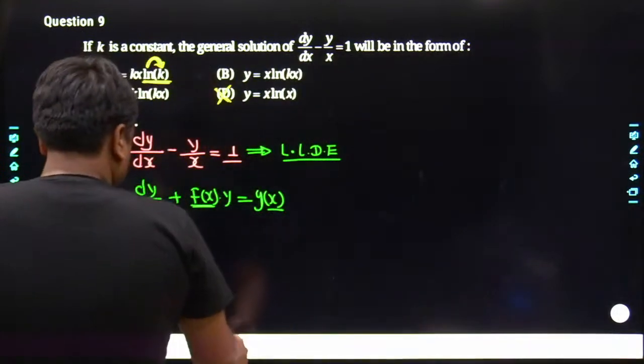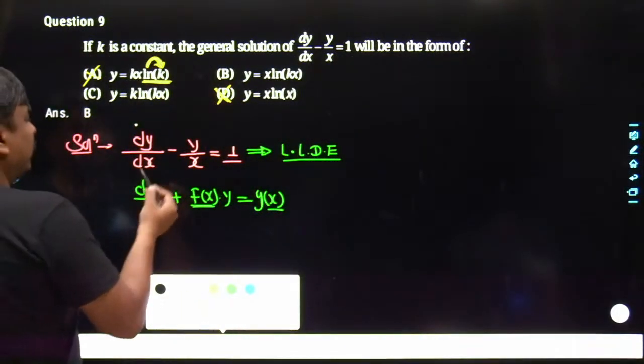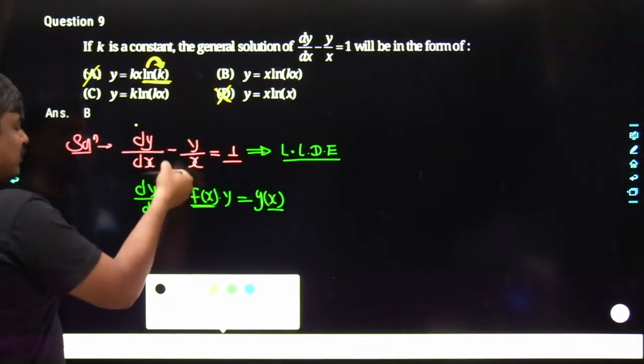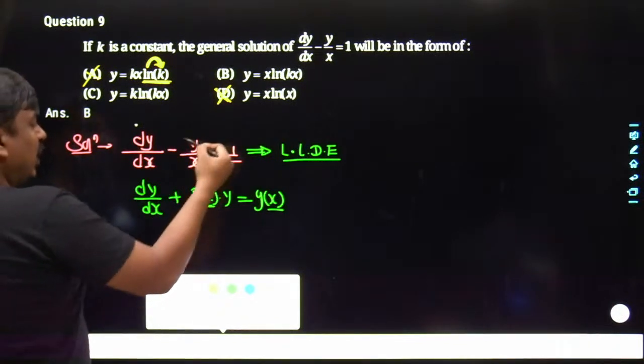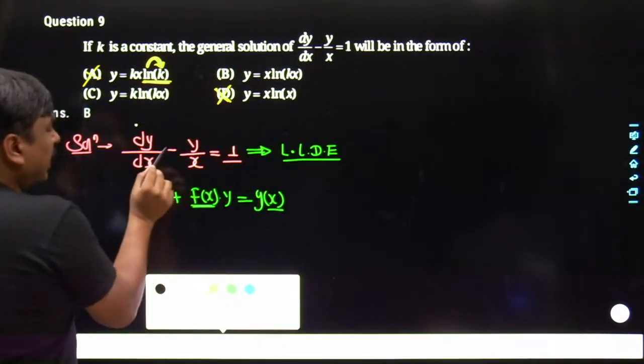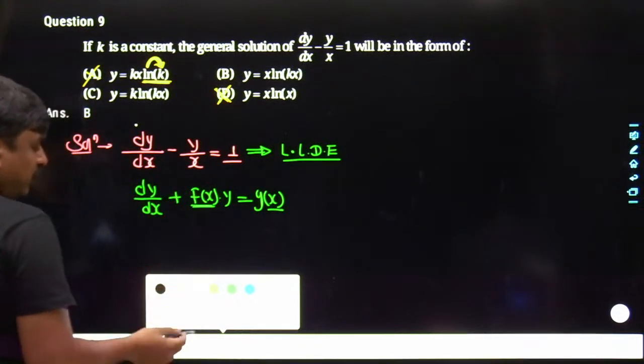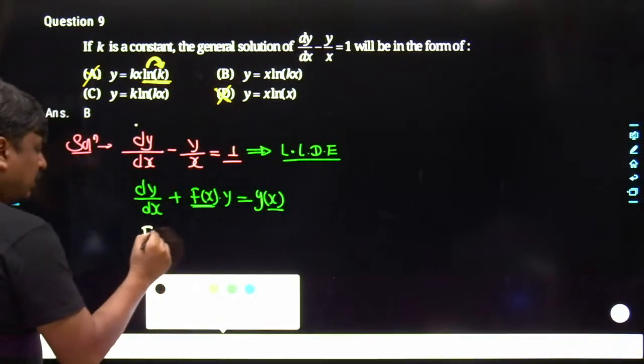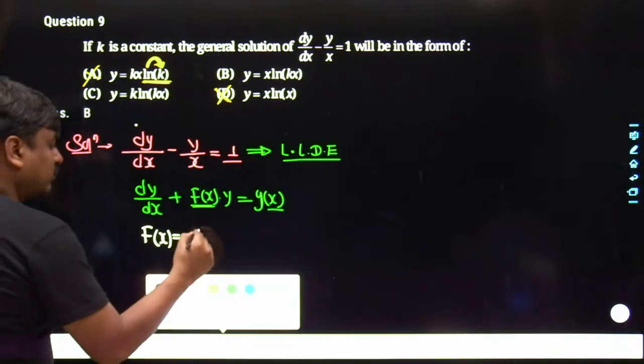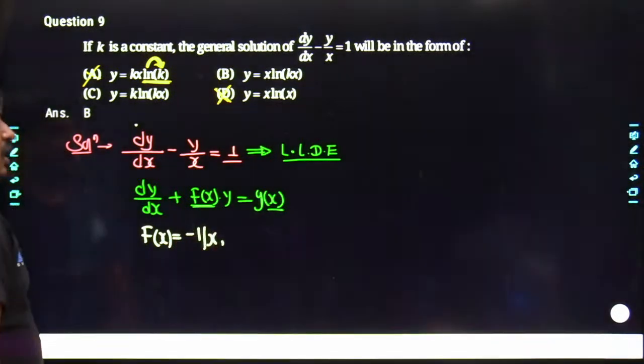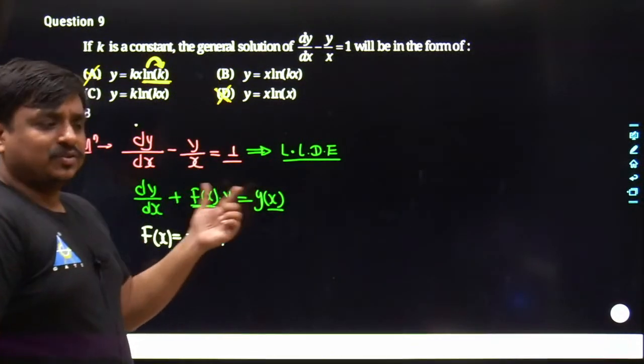Now, once you compare both of them, we also have dy by dx, y is common over here, and minus 1 upon x is in the place of f of x. So f of x is minus 1 divided by x. And similarly, 1 is in the place of g of x.